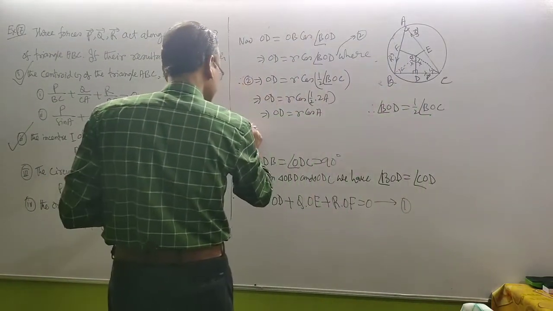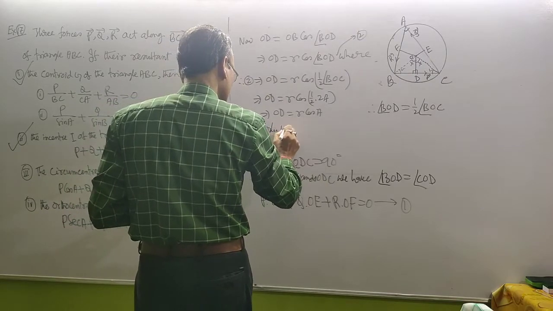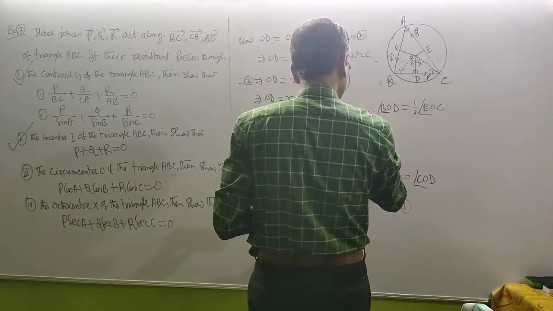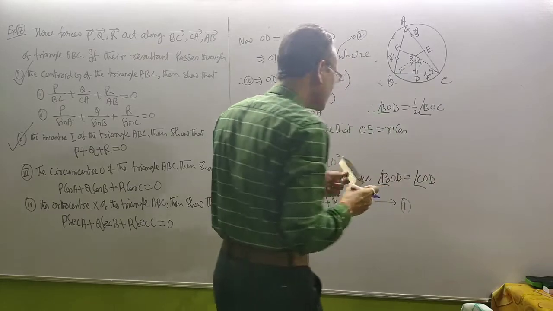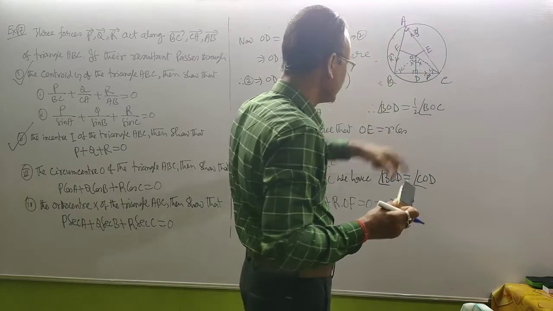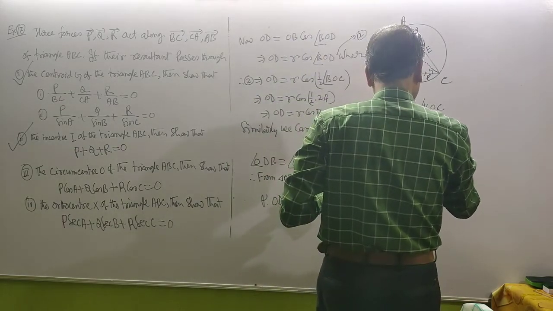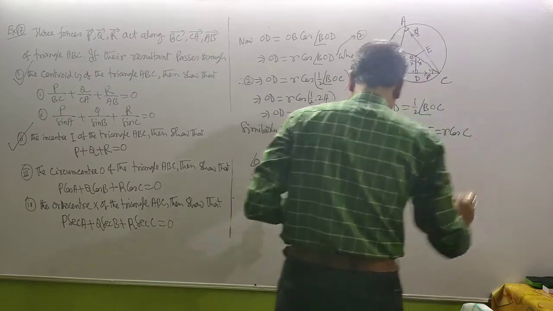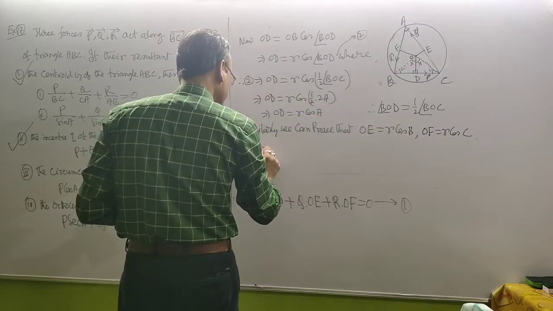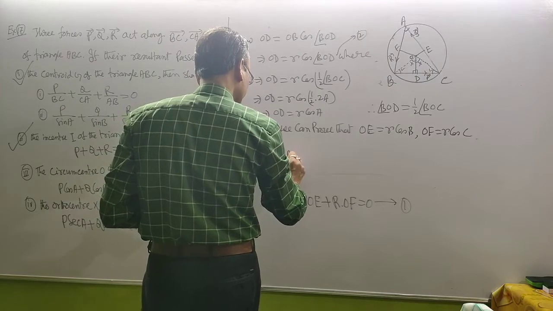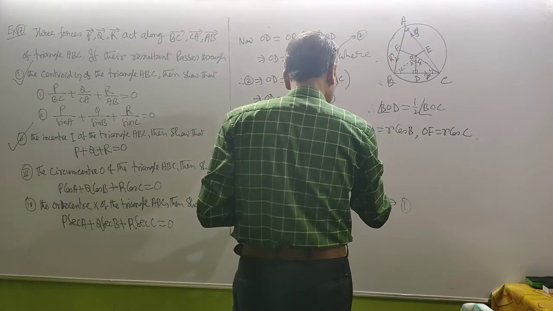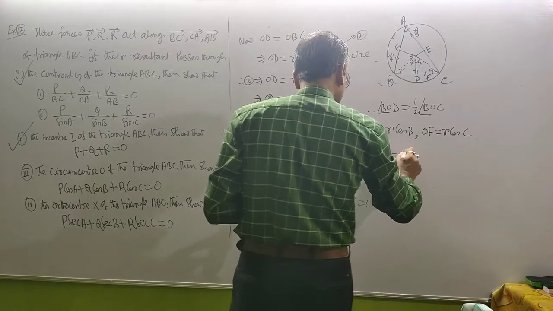Similarly, we can prove that OE equal to R cos B, and OF should be equal to R cos C. Therefore, from 1 we will get P into R cos A plus Q into R cos B plus R into R cos C equal to 0.